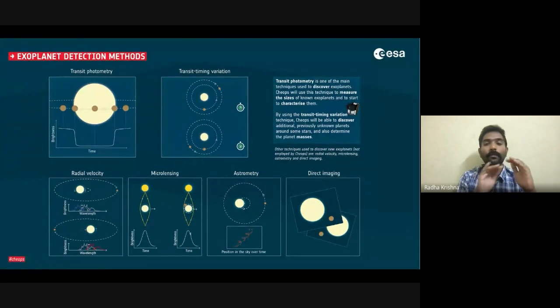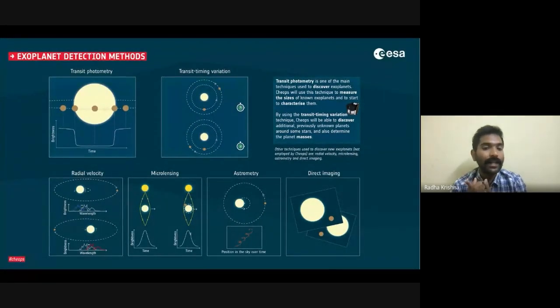So if you see the brightness curve, the star brightness is constant, but when the planet comes before the star, the brightness decreases. The brightness stays lower as long as the planet is before the star, and once the planet goes out of the field of view, the brightness increases again. From this time period and the decrease in brightness, you can guess the orbit of this planet around that star and how big the planet is. So this is one of the methods.